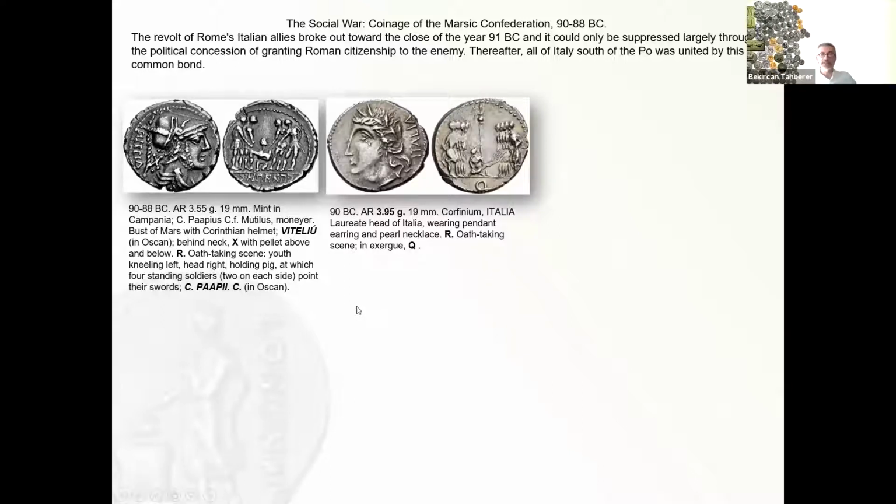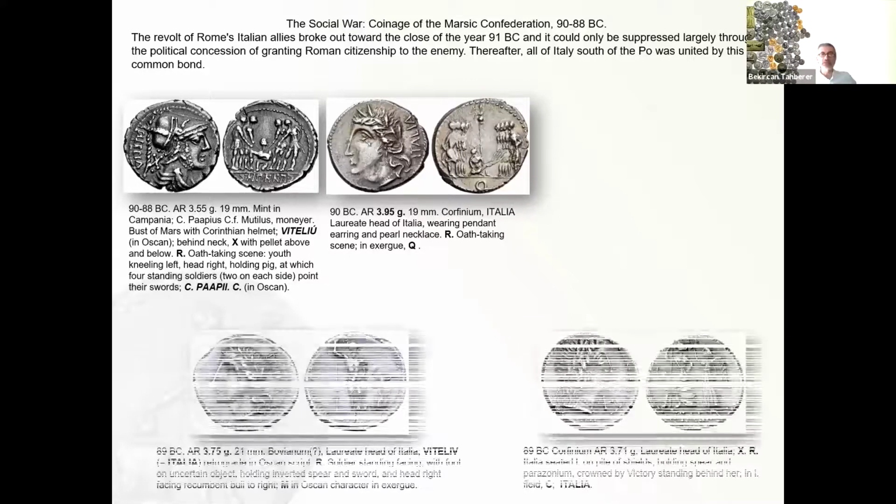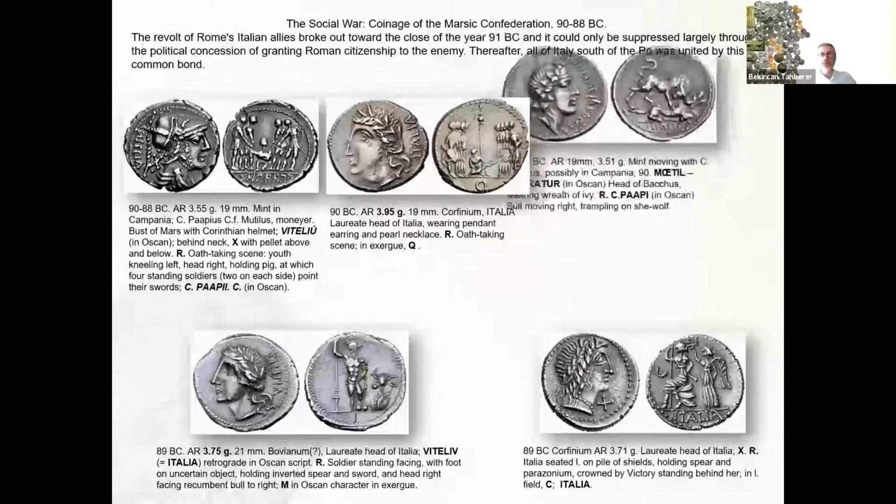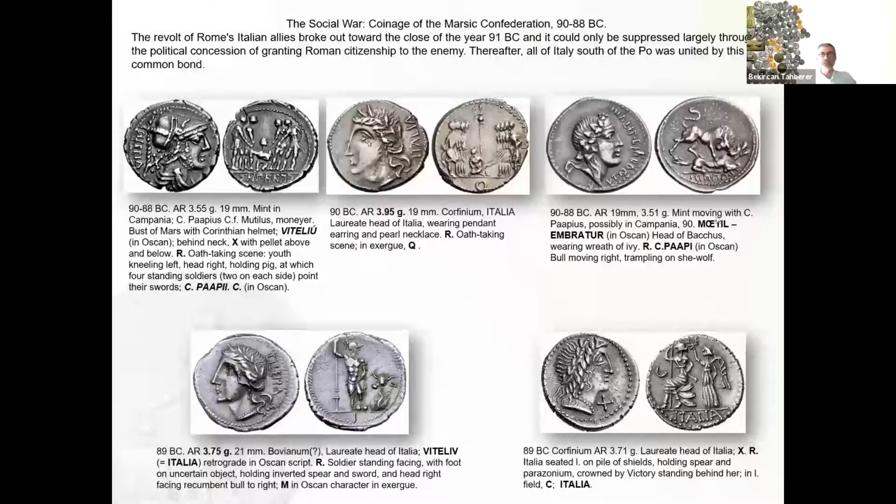And interestingly, they were able to issue coins. And this one is really interesting in that on the reverse is a bull moving right, trampling on the she-wolf. The image is quite representative of the movement. And they somehow managed to get what they wanted.